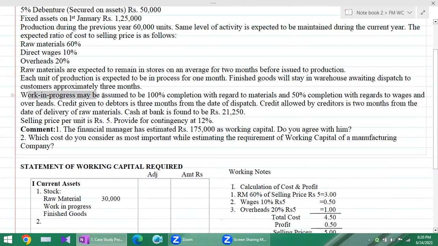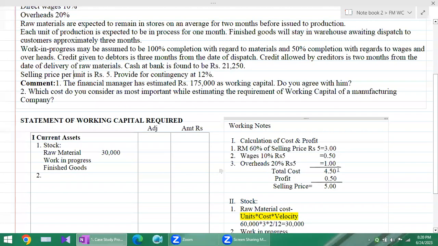Work in progress may be assumed to be 100% completion with regard to materials and 50% completion with regard to wages and overheads. So that's why we are not supposed to take all rupees 4.50 here, but we have to split it up. So how are you going to split it up?